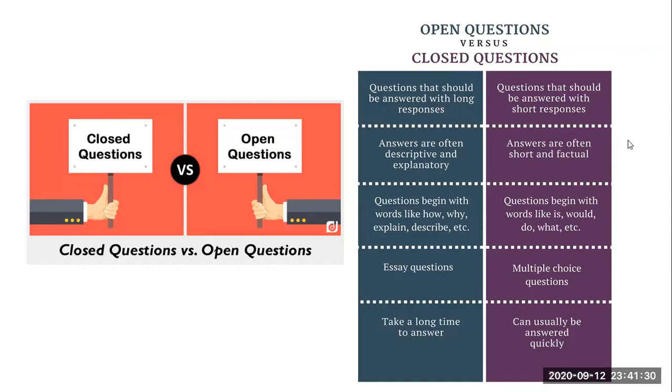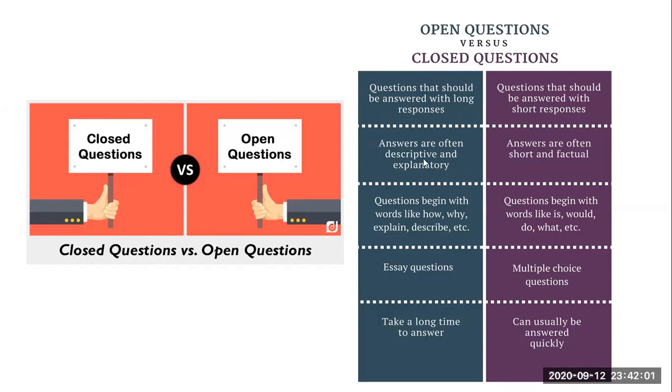So what happened here is that open questions should be answered with long responses. It's open, so you can say whatever you want. While closed questions should be answered with short responses, usually yes or no. Next, we have that open questions are going to have answers that often describe and explain. Often.